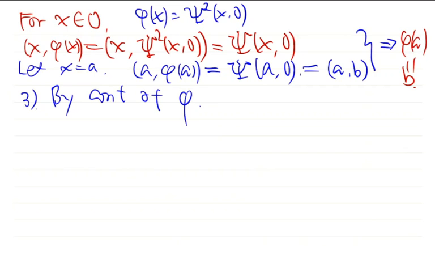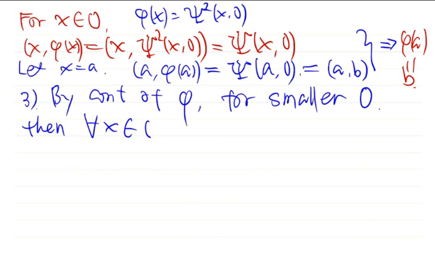We can take a smaller open set containing A. We shrink this open set O slightly. We can assume that for any x in O, we have phi x belongs to omega.